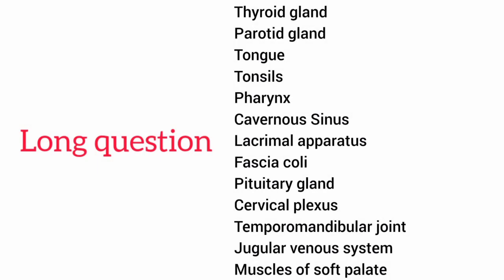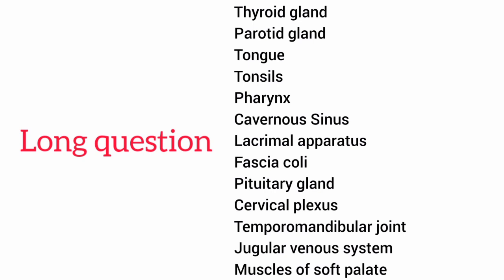Now, for the topics which will be asked in the long question, nothing much needs to be mentioned about them because it's a long question, right? You have to write each and everything about it. These are the topics for which I can't say the subtopics because the examiner asks about literally everything, like the arterial supply, the nerve supply, the function, the cross section, the placement, the landmarks, and the boundaries, everything.